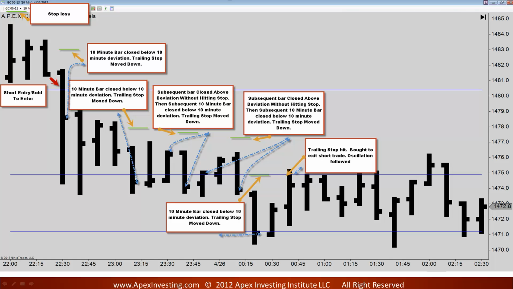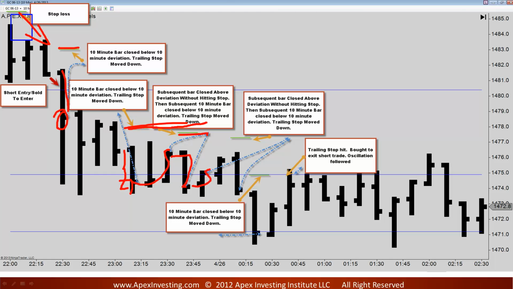And same thing on the short side. So I got an entry right here to go short. And then this bar closes below the 10-minute deviation. Trail my stop. This bar then closes below the 10-minute deviation, and I trail my stop. It then closes above the deviation without hitting my stop up here, and closes back below the deviation, and I trail my stop.